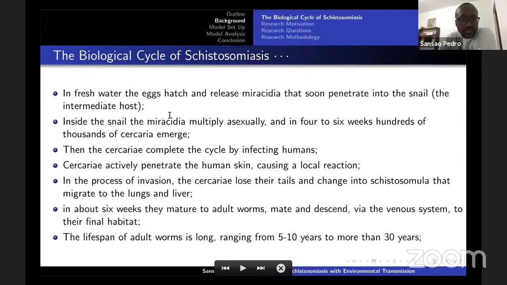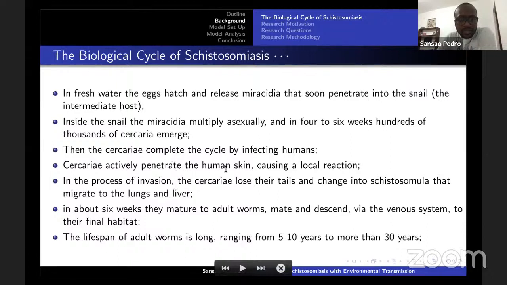Inside the snail, the miracidia asexually multiply, meaning they replicate copies of themselves, and in 4 to 6 weeks, hundreds of thousands of cercariae will emerge. Then these cercariae will complete the cycle by infecting humans when humans come into contact with infected environment or infected water.